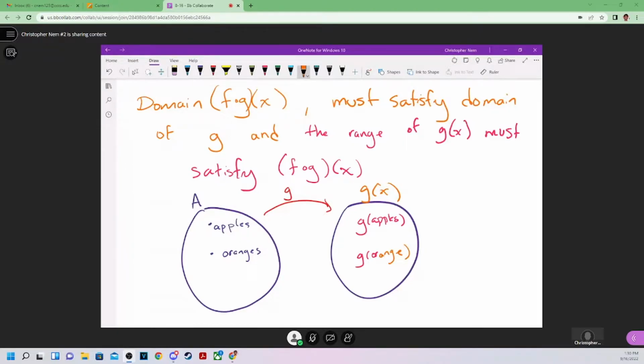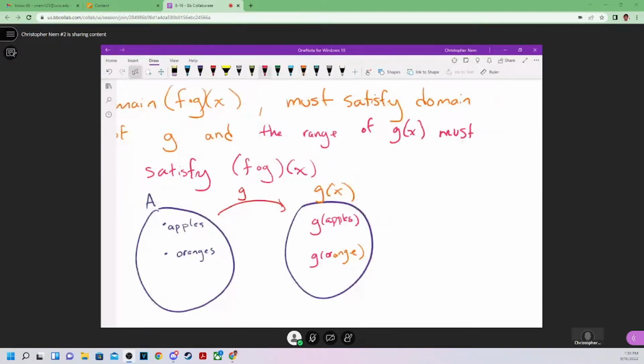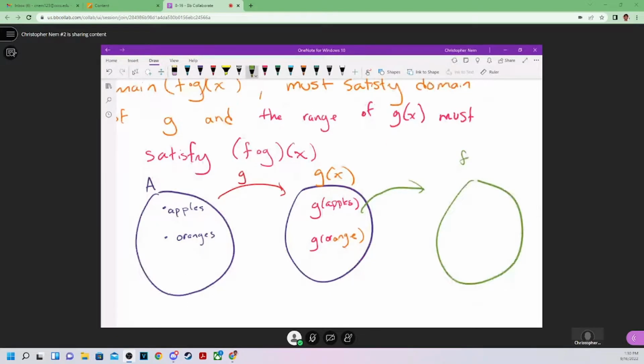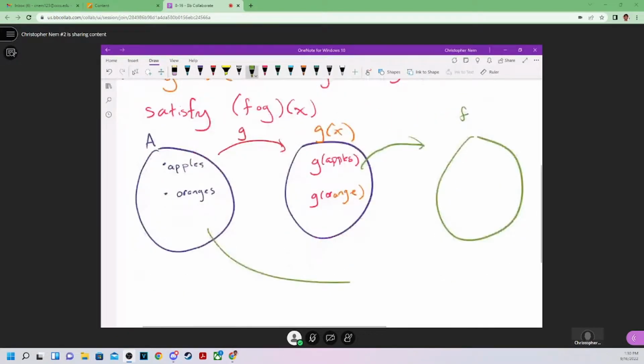We already know that. Well, now we're going to take this piece. We're going to take everything here, and then we're going to throw that in f. So once we throw it inside f, this entire process, we call it f of g. But, I apologize, this f should be over here.